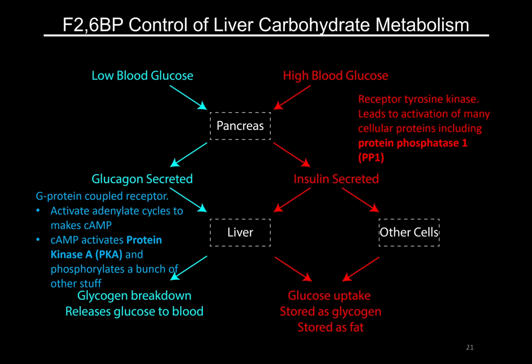It is one of the main signals of blood sugar. Okay, insulin is the hormone secreted by the pancreas when there's a high blood sugar, right? High blood sugar signals the pancreas to make insulin. Low blood sugar, in contrast, signals the pancreas to make glucagon. These are opposing hormones. Okay, insulin means high blood sugar, glucagon means low blood sugar.